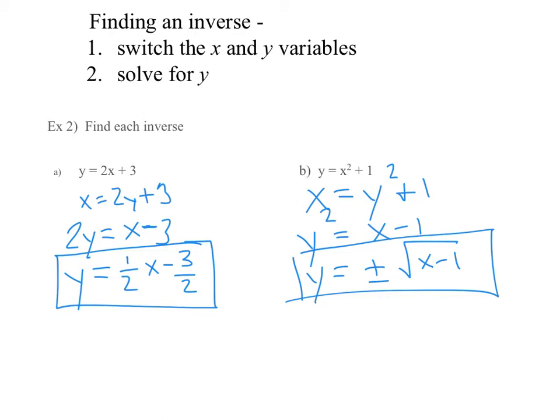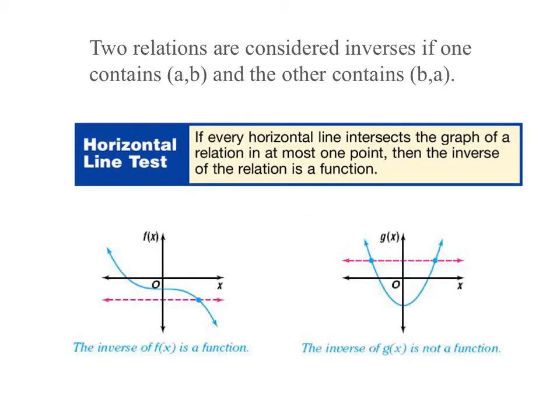So vertical line. And we said before, two relations are considered inverses if I've got a point (a, b) on one of them and (b, a) on the other one. And as I said before, the horizontal line test tests if the inverse will be a function. So I can perform a horizontal line test on my original function.